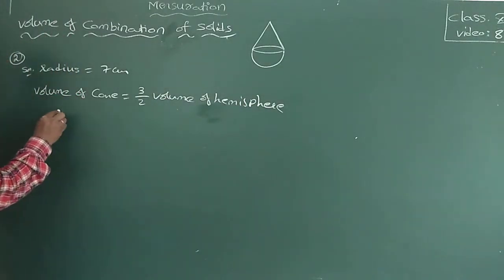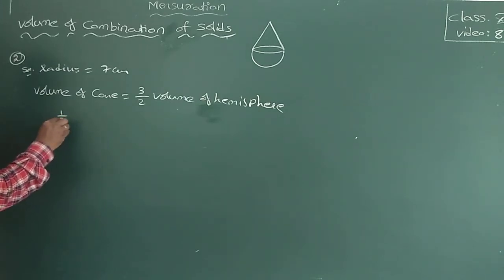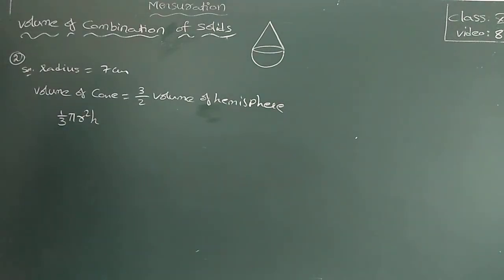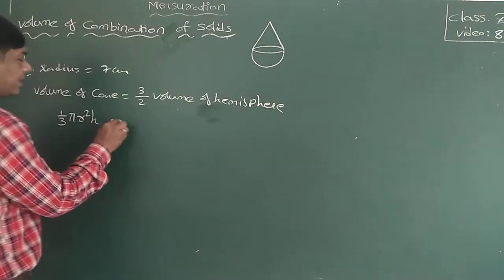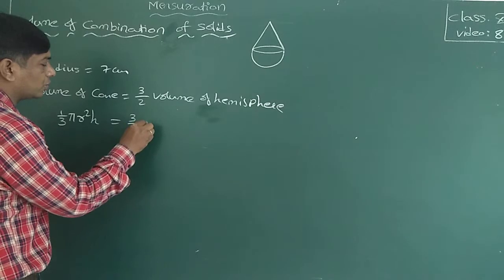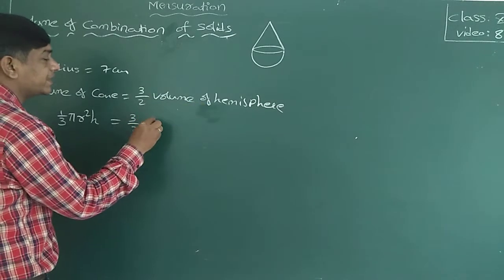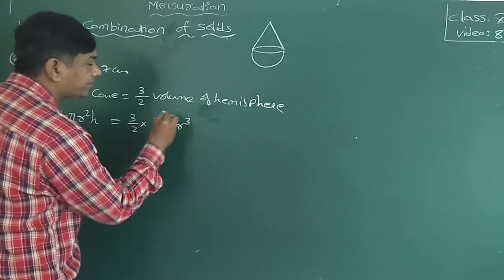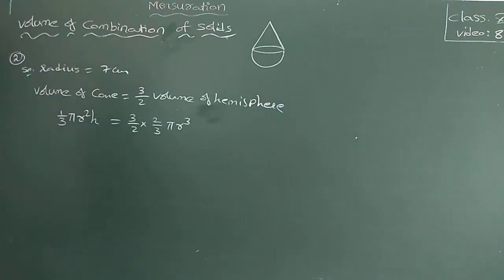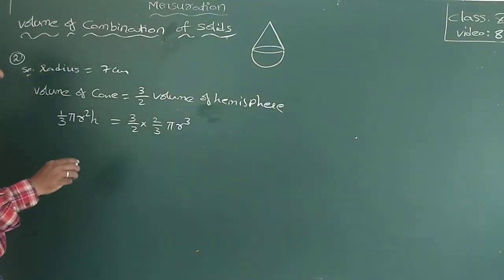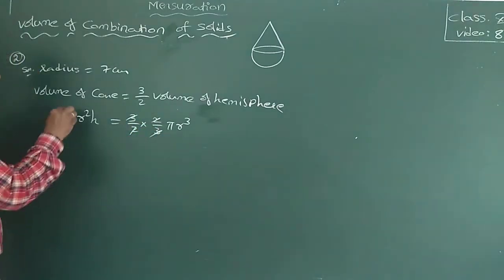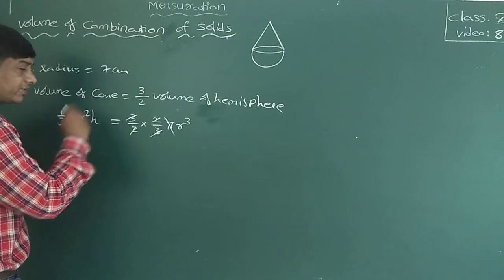Volume of a cone has the formula 1 by 3 pi r square h. And 3 by 2 into the volume of the hemisphere, which is 2 by 3 pi r cube. Volume of the hemisphere is volume, not surface area; careful there. 2 cancel, 3 cancel, and pi cancels.